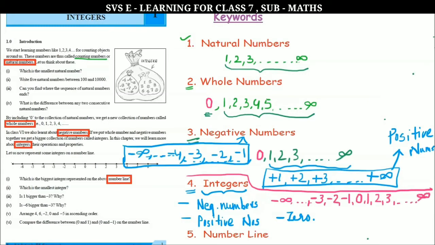This set of numbers is known as integers. Minus infinity to plus infinity.